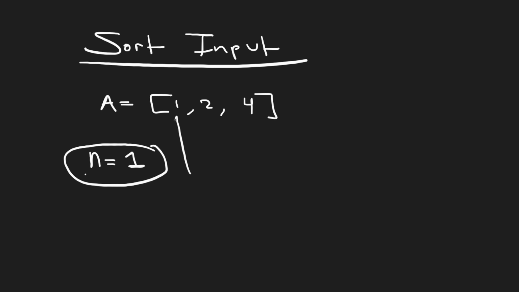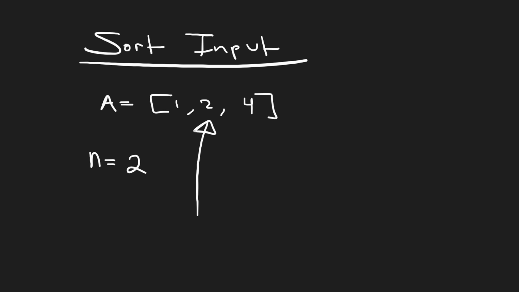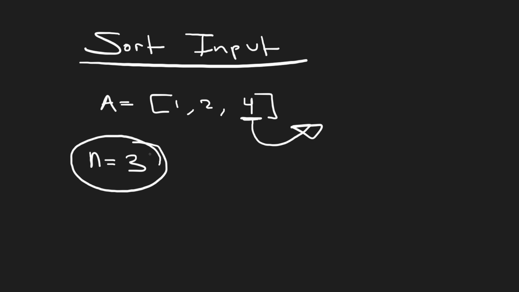In this case we do see a 1, so we change our solution to 2. Then we see a 2, and we know we were wrong again, so we change our answer to 3. Maybe 3 is the smallest missing positive integer, and then we get to a 4. Once we've gotten to a 4, we know every value that comes after it is going to be greater than or equal to 4. So at that point, we know 3 was the smallest missing positive integer.